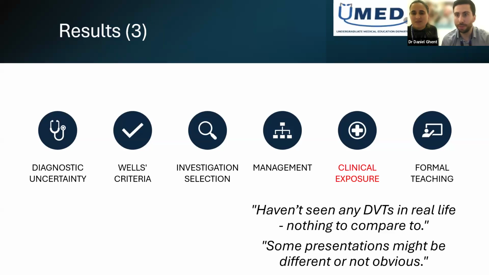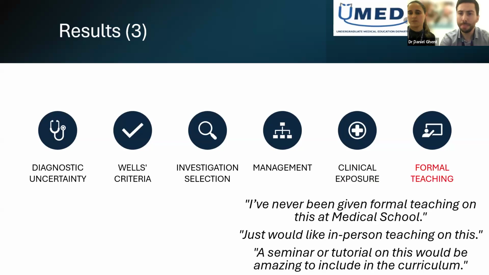One of the common themes was differentiating between perhaps a cellulitis and a DVT. They may have seen a few cellulitis on the ward. They may be aware of the fact that there is some overlap in terms of the signs they do see. But if they've not seen a DVT and we're not taking them onto the wards in order to see them, how will we expect them to do that? So that's something that we definitely need to think about: increasing their clinical exposure.